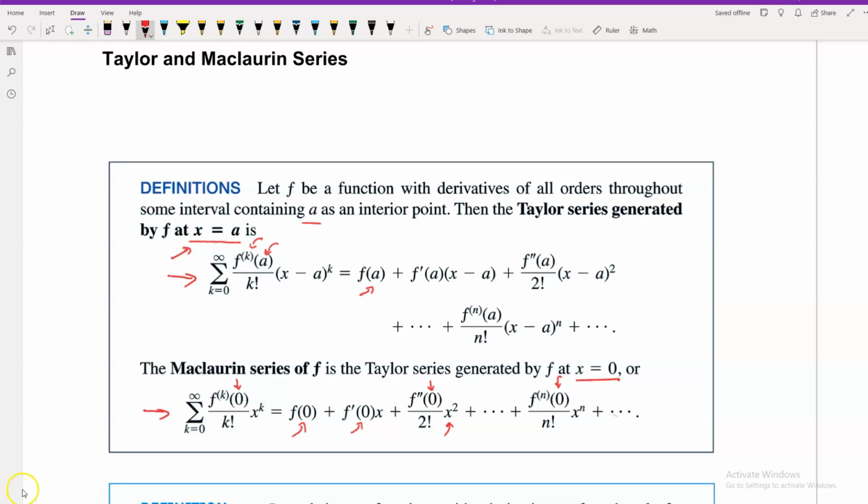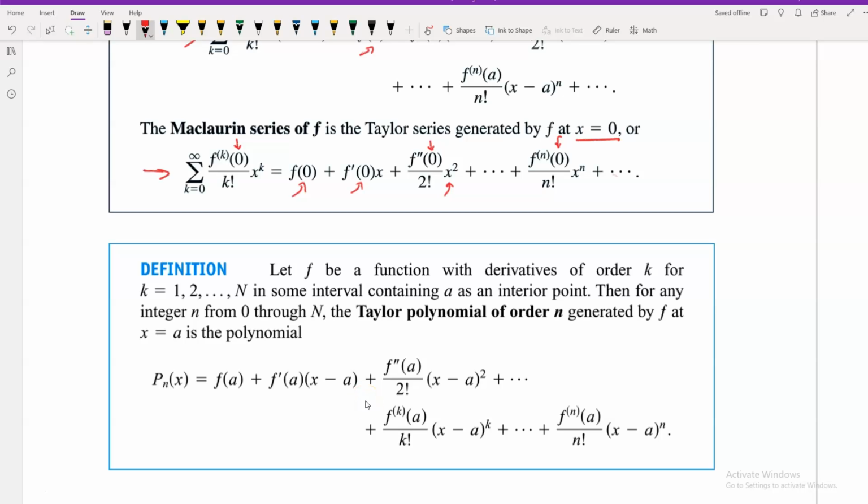Now in this part we have the definition. Let f be a function with derivatives of order k for k from 1 up to n, uppercase N, in some interval containing a as an interior point.